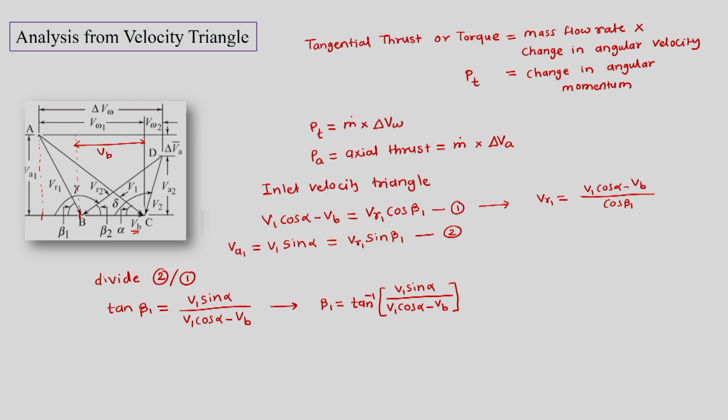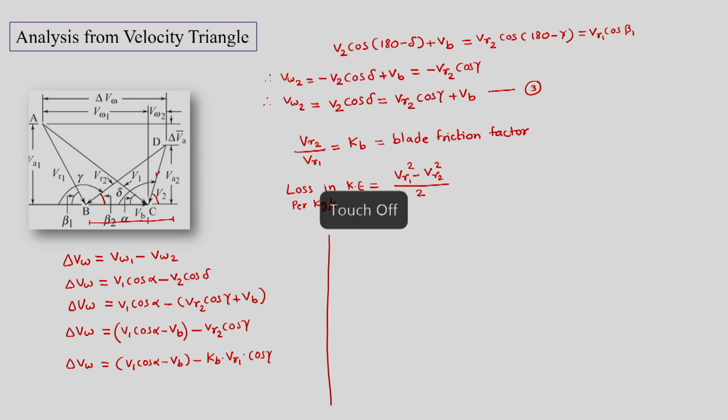Putting this expression over here, delta VW is equal to V1 cos alpha minus Vb minus Kb into cos gamma into V1 cos alpha minus Vb divided by cos of beta 1.